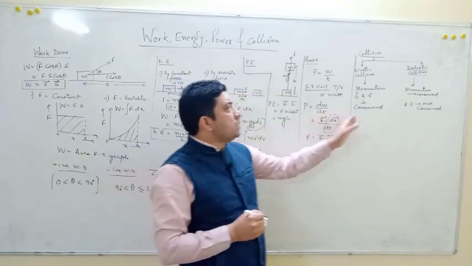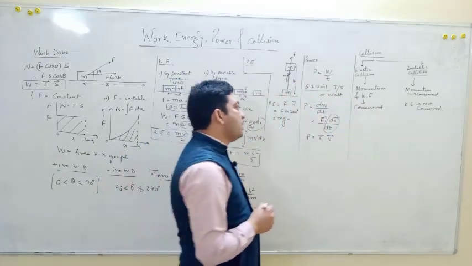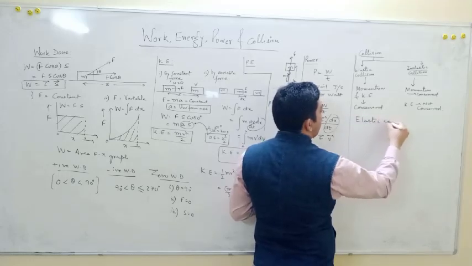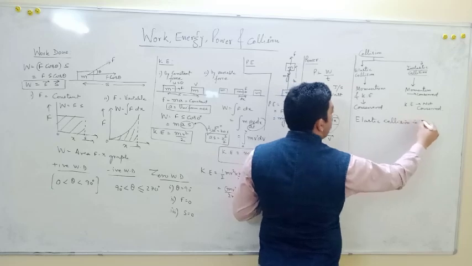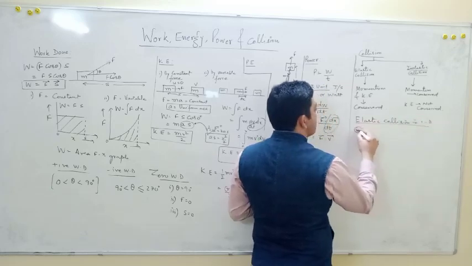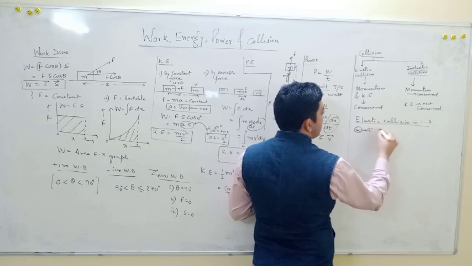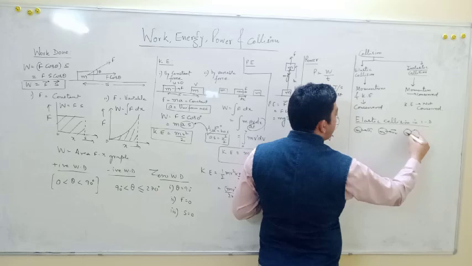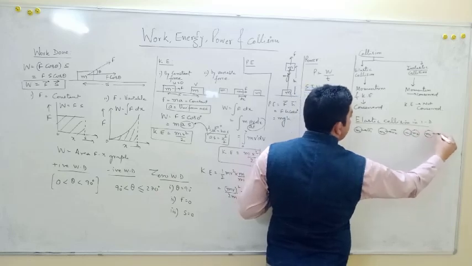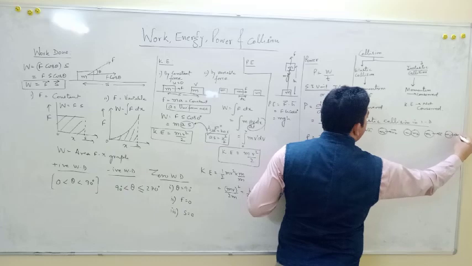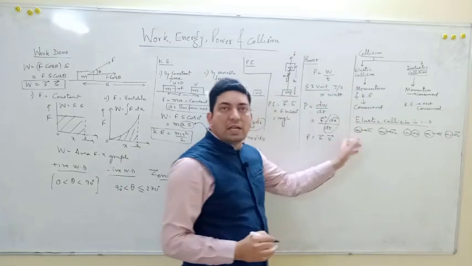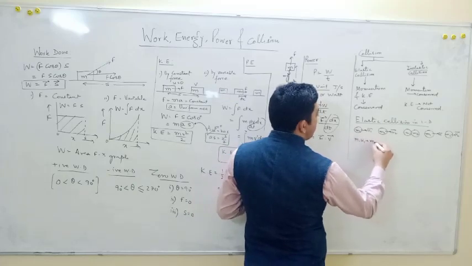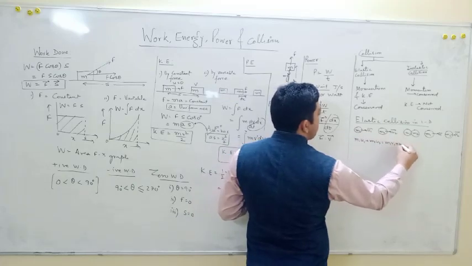Now in this collision, what happens if we are dealing in 1D, the elastic collision in 1D. Here we have two masses, m1 moving with initial velocity u1 in a straight line and m2 moving with initial velocity u2. They collide, and after collision their velocities become v1 and v2. Then in elastic collision in 1D, if you conserve momentum, m1 u1 plus m2 u2 is equal to m1 v1 plus m2 v2.